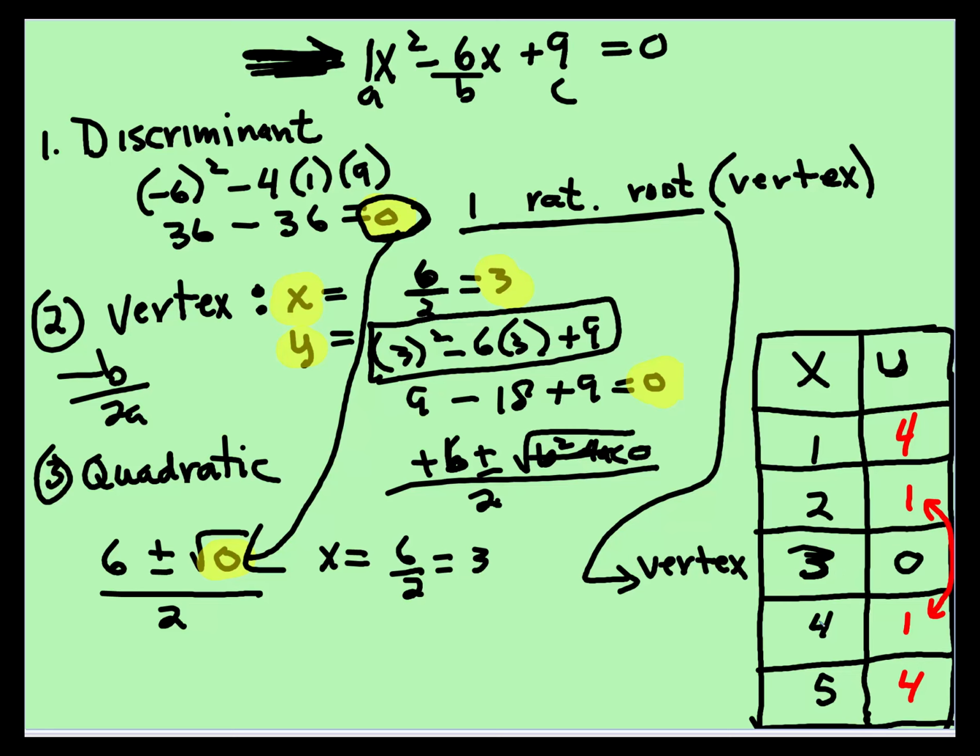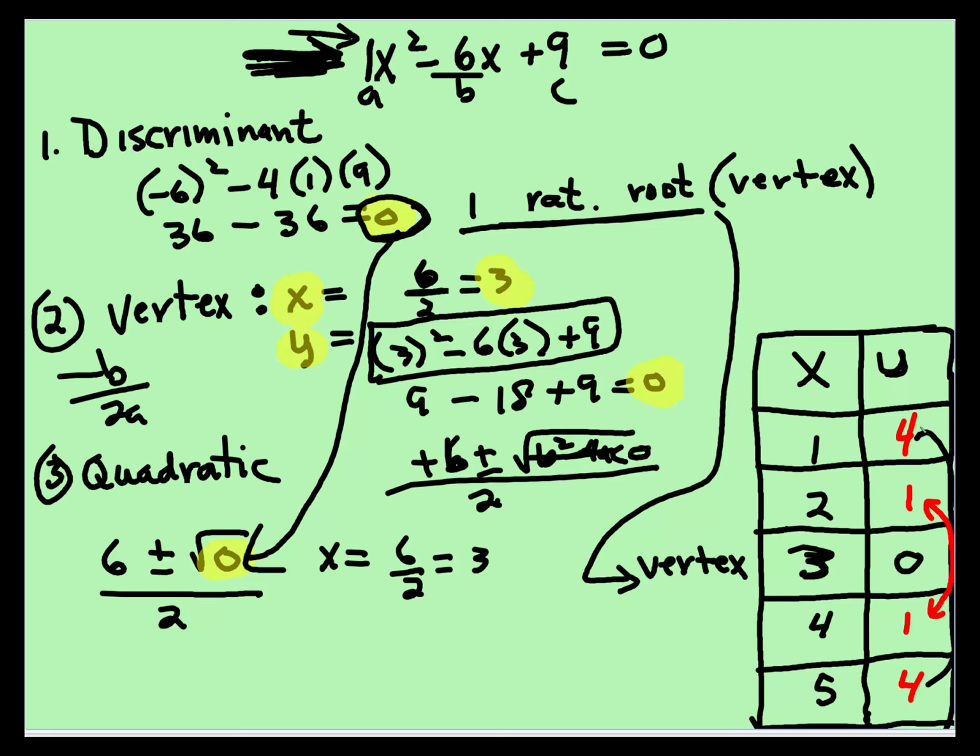So there you have it, and then you just pick two additional values. I went up 1 to 4, and up 1 again to 5, and then I went down 1 to 2, down 1. And I went ahead and plugged in the 4 and the 5. When you plug 4 into this original equation, 1 is your answer. And when you plug 5 into this original equation, 4 is your answer.